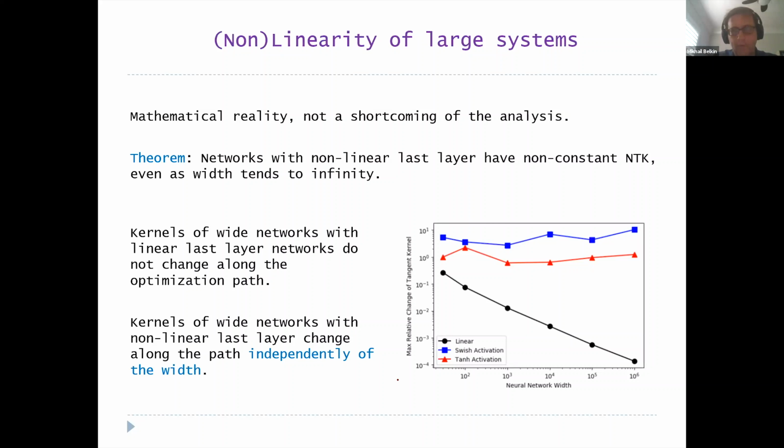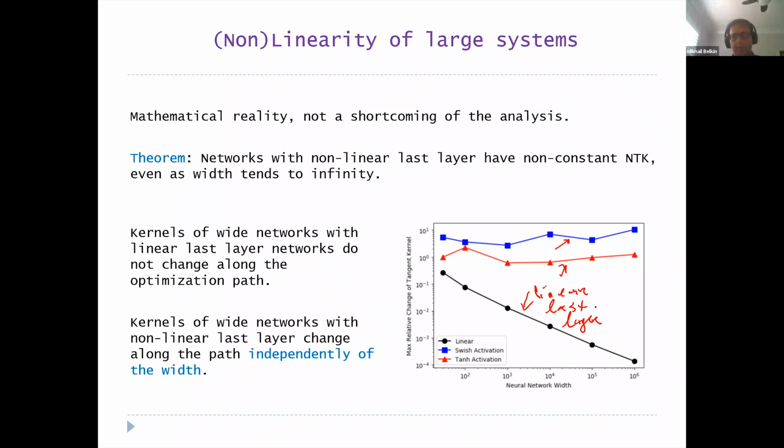If we look at the picture, the black one is a linear neural network. I'm sorry, it's not linear, it's that the last layer is linear. The red and blue are nonlinear. So this is linear last layer.